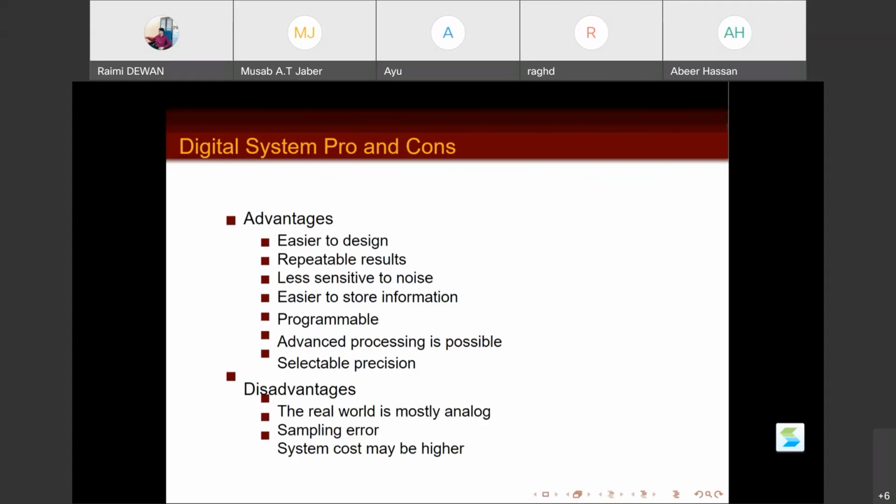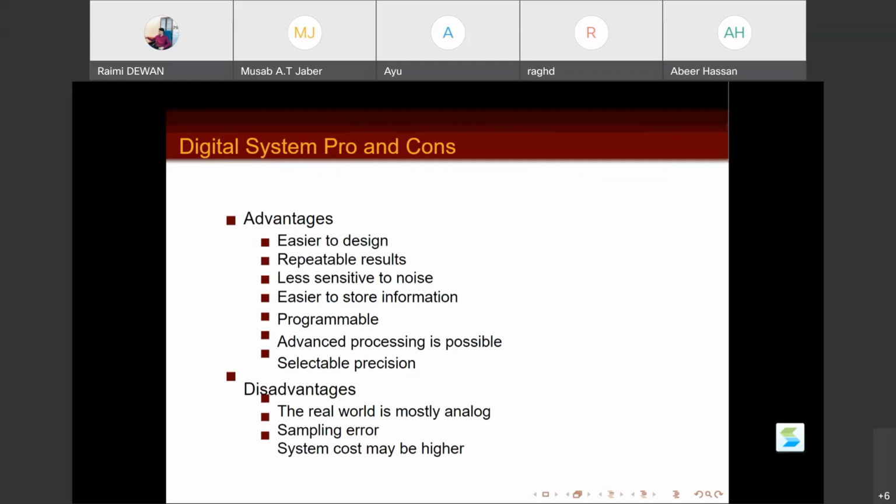Less sensitive to noise. This is because in an analog system, we have a lot of values, and the values can be anything.